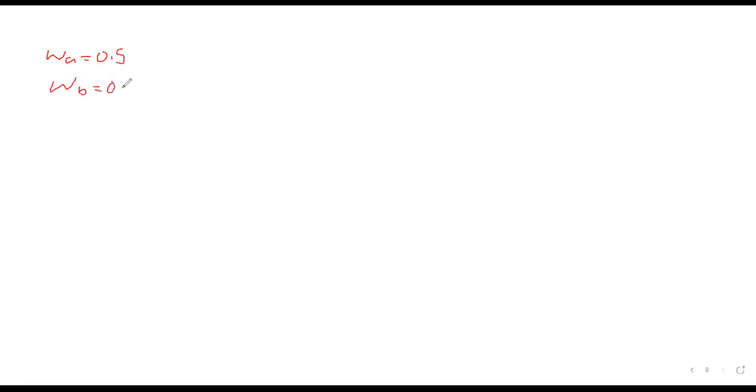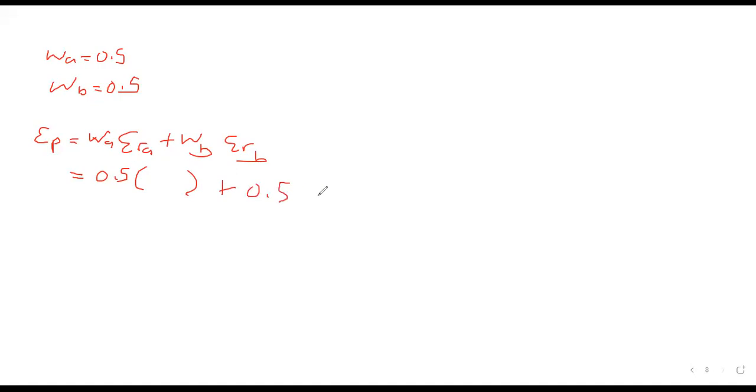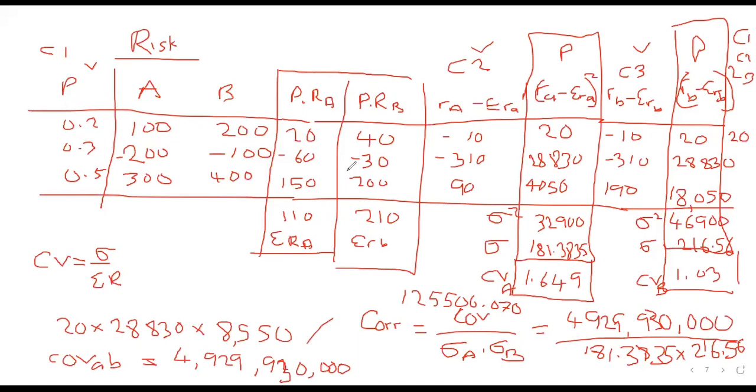Then they ask you to calculate the portfolio expected return. It is the weight of A times the expected return of A plus the weight of B times the expected return of B. 50% of A and 50% of B times the respective expected returns, 110 and 210.